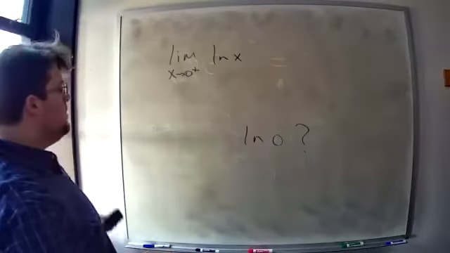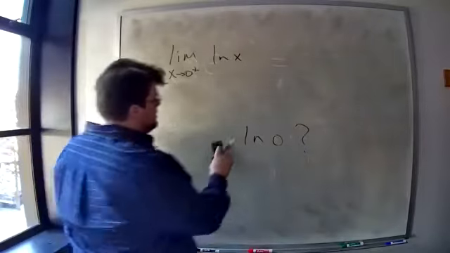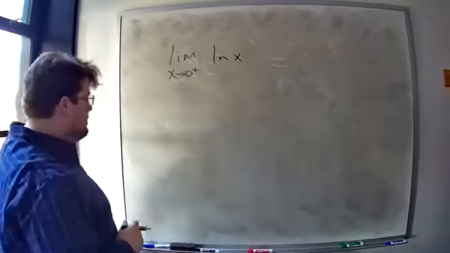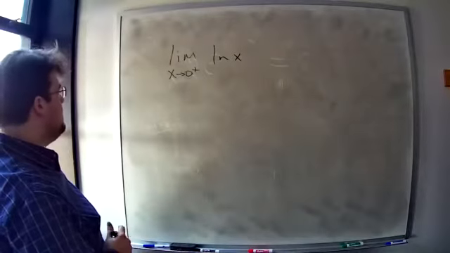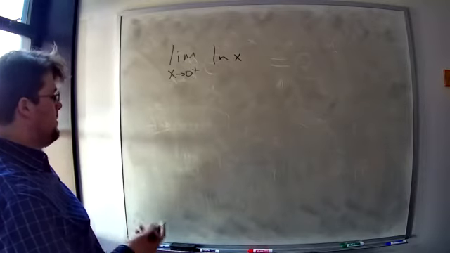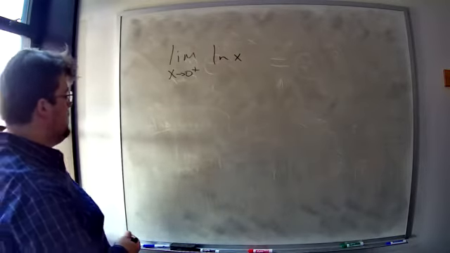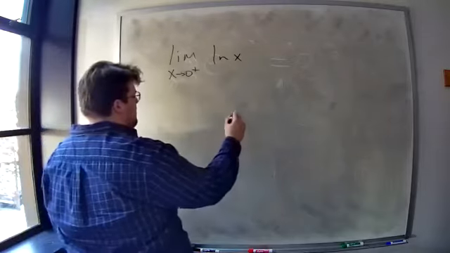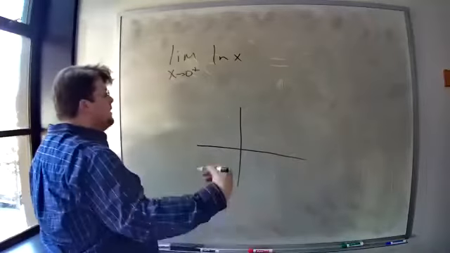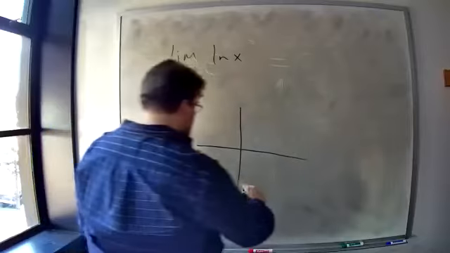But how else can we do this limit? I don't see a way to use squeeze theorem, especially because we're getting infinities as our answer. So if we can't do limit laws and we can't do a squeeze theorem argument, well, all we have left is a graph. Unfortunately, we know the graph of logarithm.